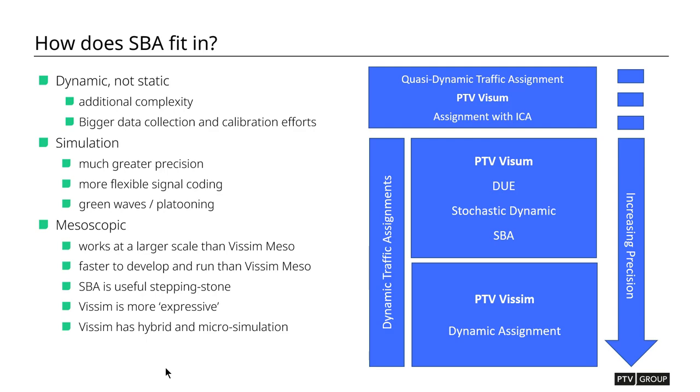Vissim, in contrast, is more expressive, so it's more detailed in terms of characteristics of drivers and contains also the possibility to include vehicle-actuated signals. So we have in both products a hybrid option. In Visum, that is a hybrid macro-meso simulation as part of SBA. And in Vissim, it is a hybrid meso-micro simulation. So again, that can add detail to the results.